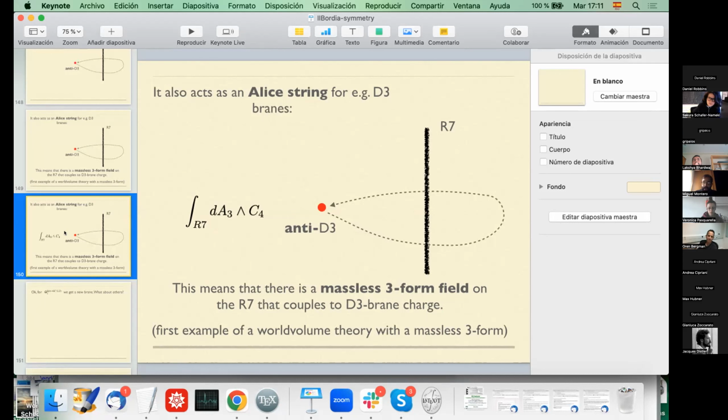And they're either going to flip F or not flip F, because it has to be a real representation. And in both cases, trace of F squared is invariant. Okay. Thanks.